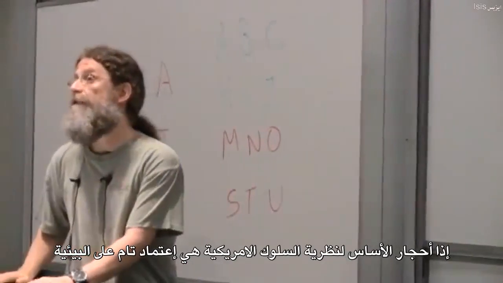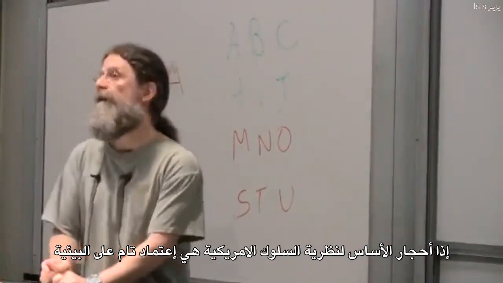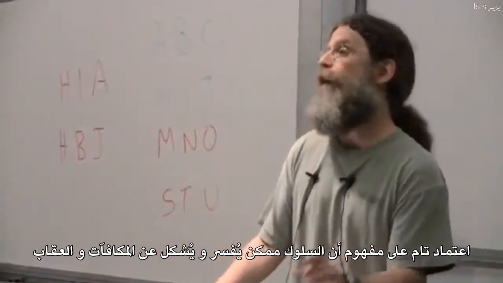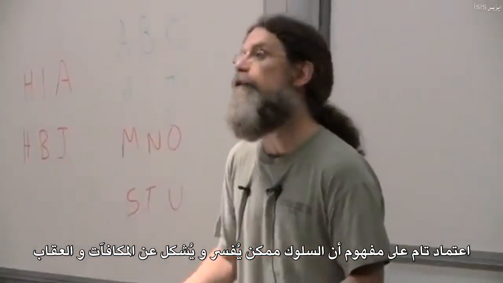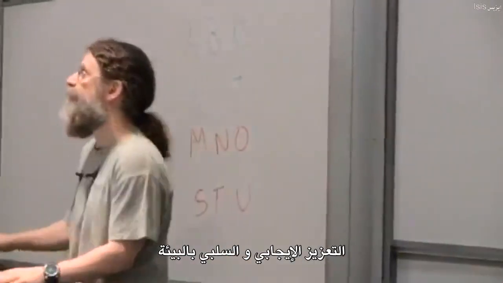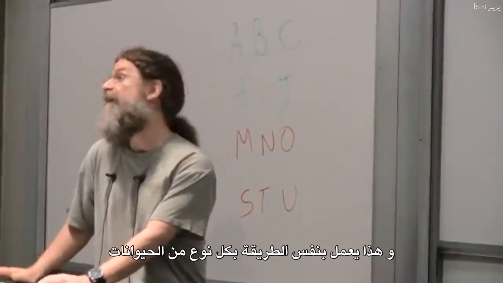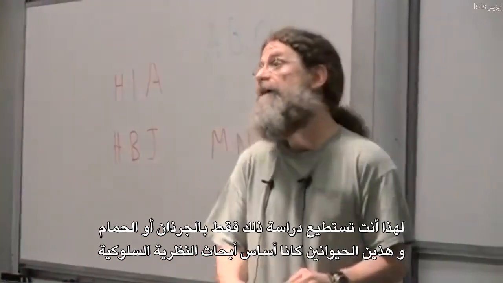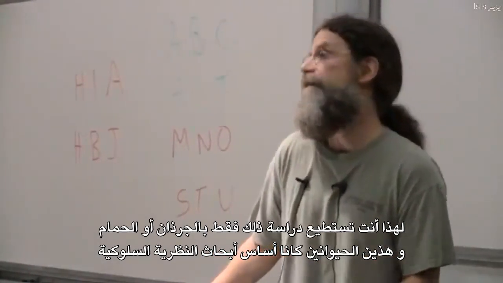So the building blocks of American behaviorism: utter reliance on environmentalism, utter reliance on the notion that all of behavior could be explained, could be shaped by the rewards and punishments, the positive and negative reinforcements of environment. And this works the same way in every single type of animal out there. So you might as well just study it in a rat and a pigeon.